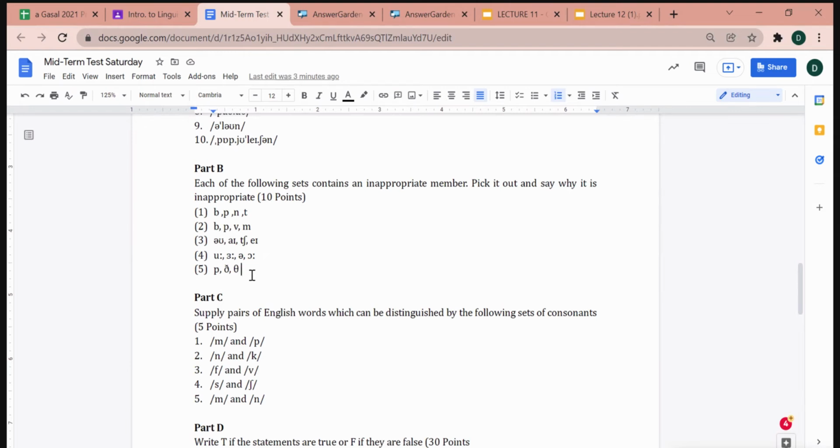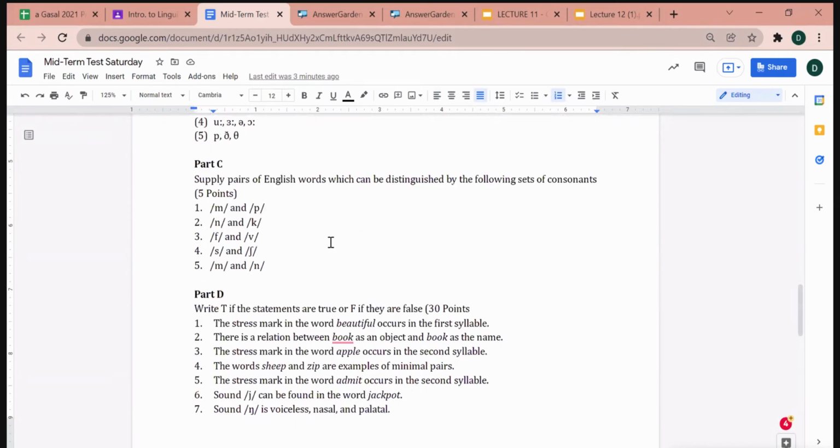Which one? The first one, p. The first is voiceless. Do you think that is voiceless as well? The answer is the last, since those are interdental fricatives.